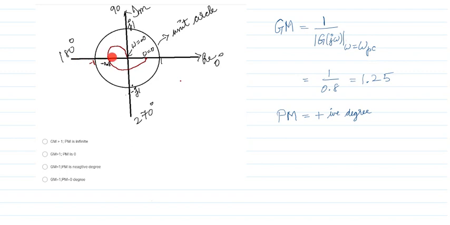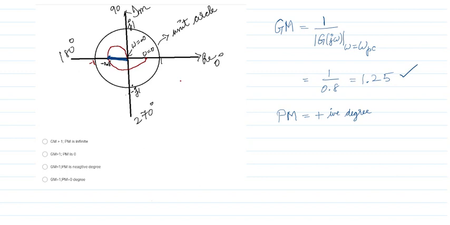What is its corresponding magnitude? This is the corresponding magnitude. Magnitude is 0.8. We cannot take minus 0.8, magnitude is always positive. So 1 by 0.8, I get the gain margin as 1.25.